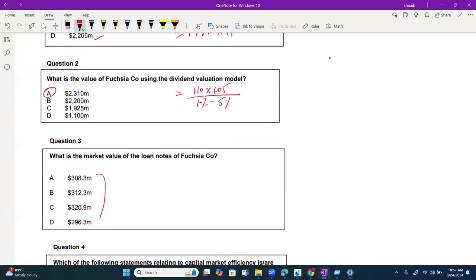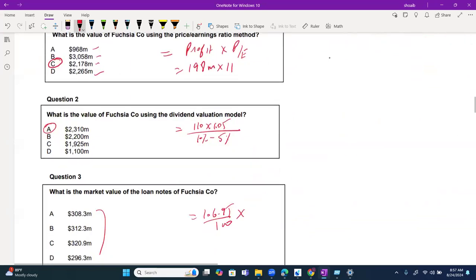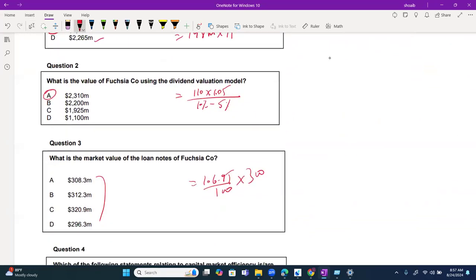He's asking in total. What is the book value? 300. So the total is 320.9. C is the answer.